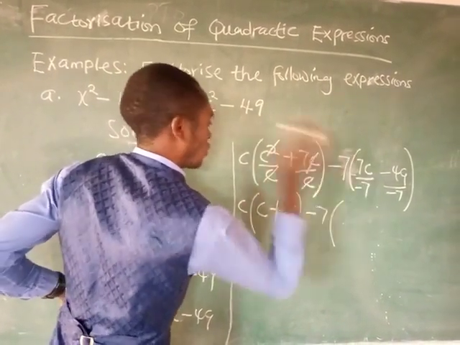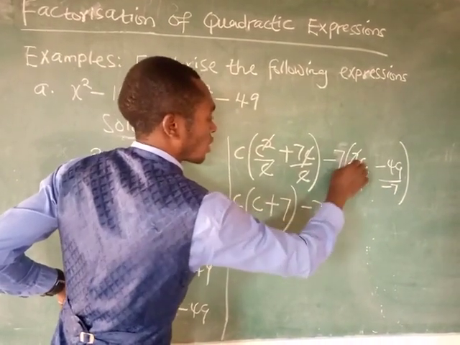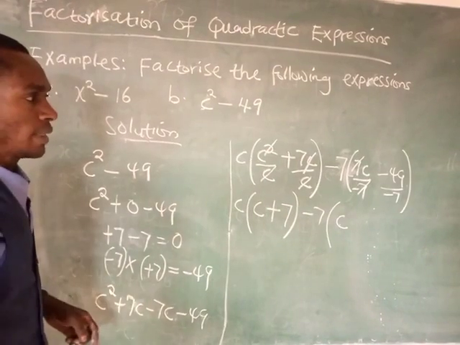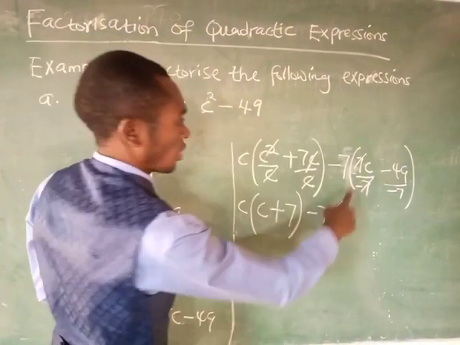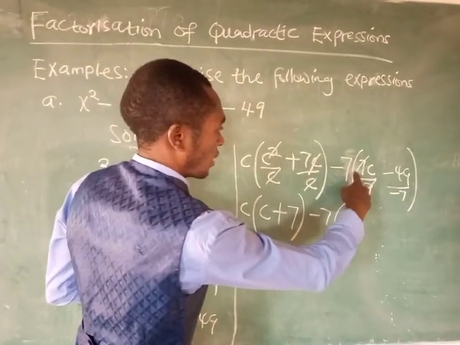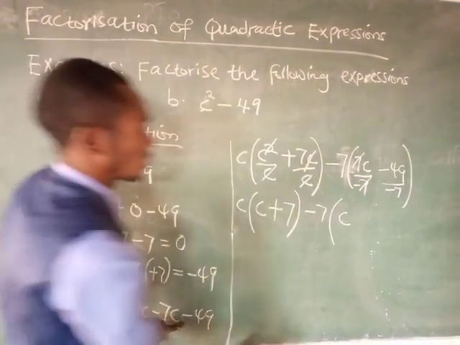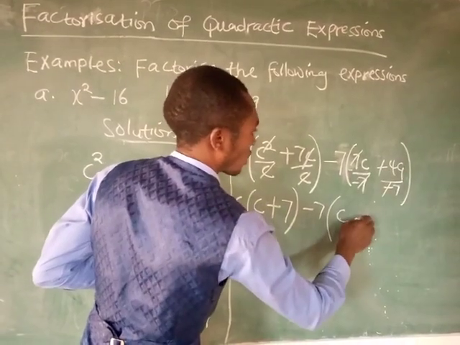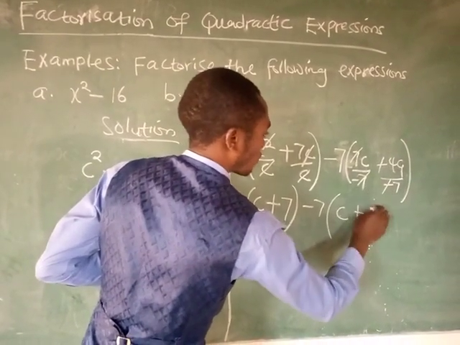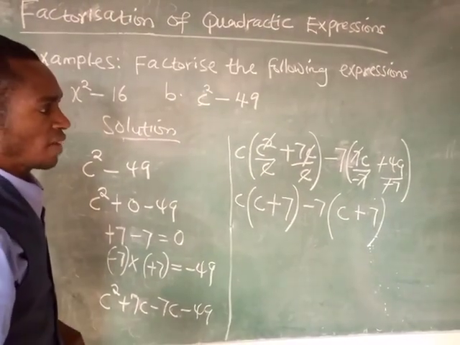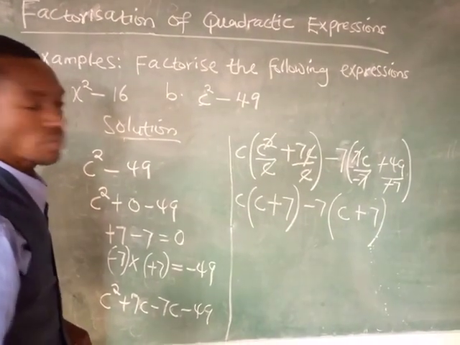Here 7 cancels 7, what you have left is c, and don't forget there's a minus sign there. So minus divided by minus, you have plus 7, close the bracket. This is what we have. Okay, so you pause it.